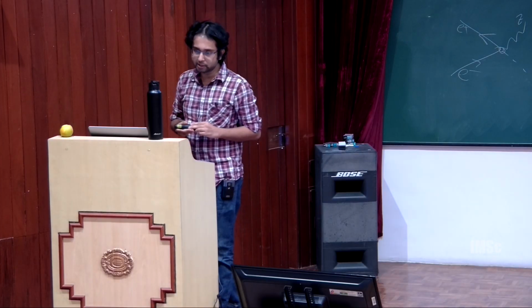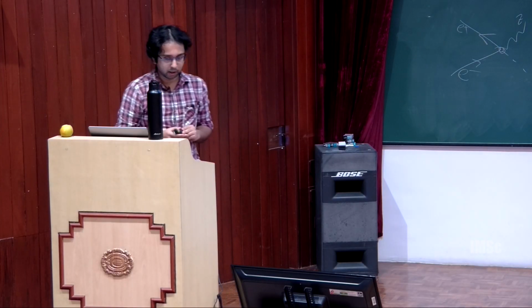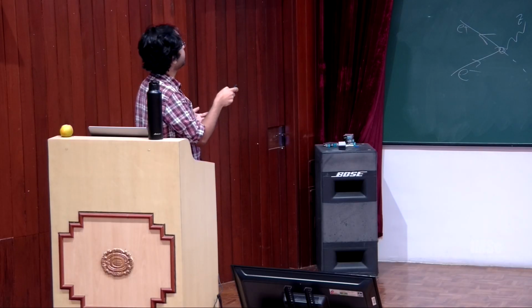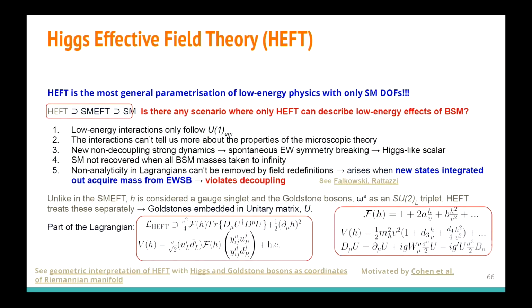So what it shows is that HEFT, this Higgs effective field theory, is basically a superset of the standard model effective field theory, which is a superset of the standard model. So are there any scenarios where only the Higgs effective field theory can describe the low energy effects of BSM and SMEFT cannot?